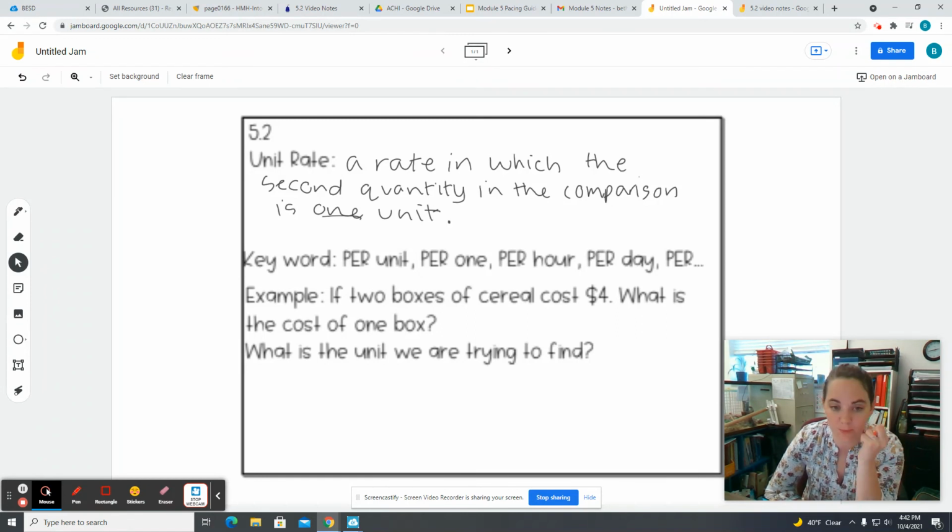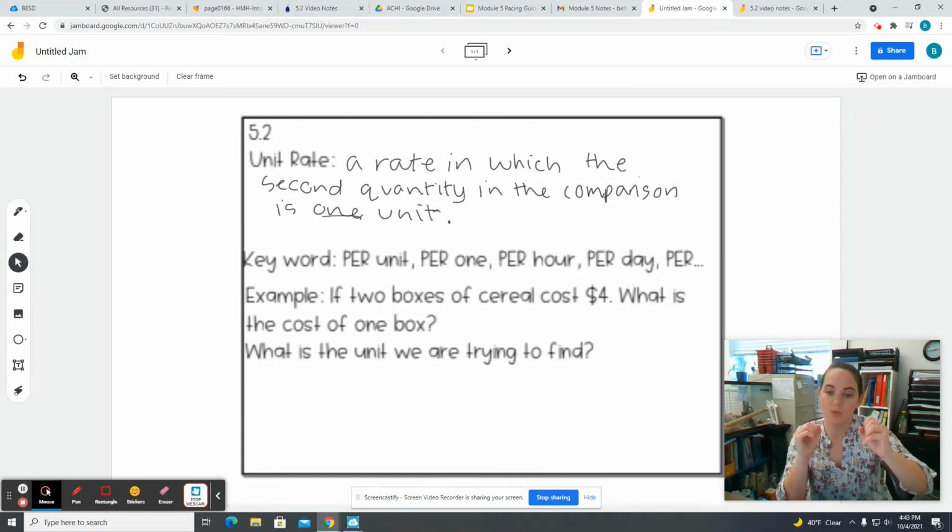Okay. So a key word to figuring out if it is a unit rate is if the key word is like it's per unit, per one, per hour, per day, per whatever. It's a unit rate because we have two quantities, right? Our rate is two different quantities, two different things. Okay? Money and cereal, okay, miles and hours, okay?